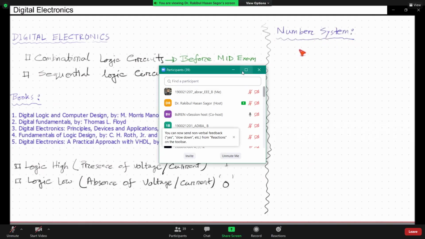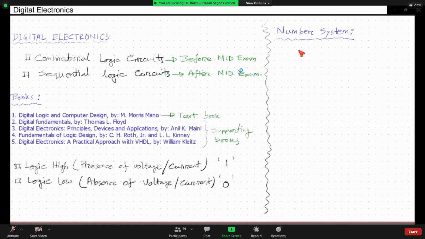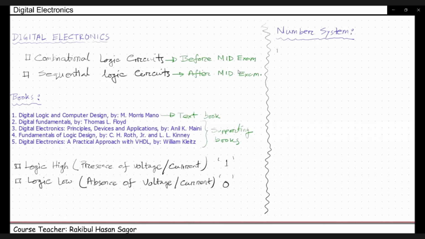In today's world, the most commonly used number system by the common human being is the decimal system, or decimal number system. In the decimal system, we have 10 distinct symbols or 10 decimal digits.